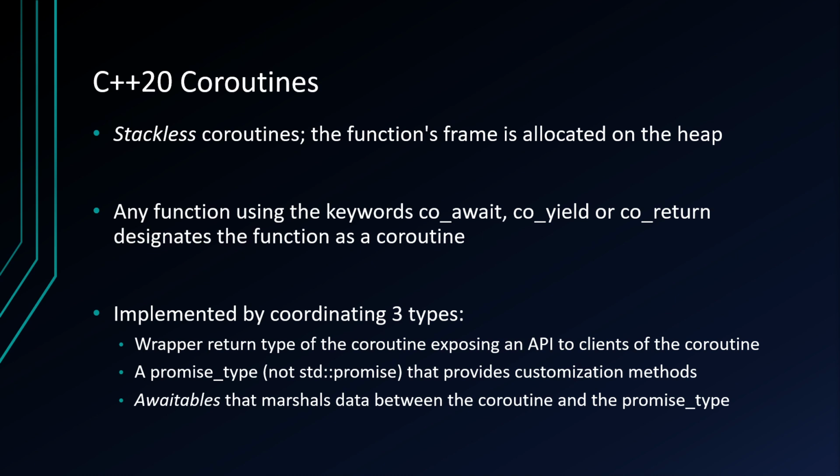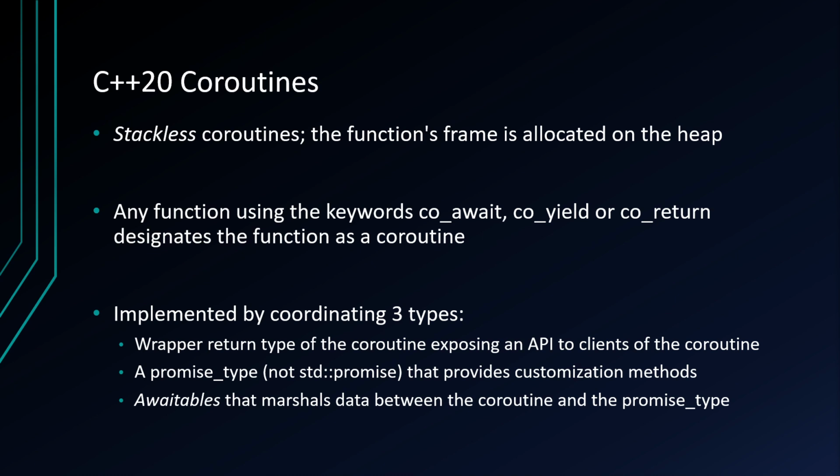So that's the wrapper type. It exposes the API to clients of the coroutine. Now, a nested type inside the wrapper is called promise_type. It is conceptually a promise, but it is not a std::promise from the std::async land.